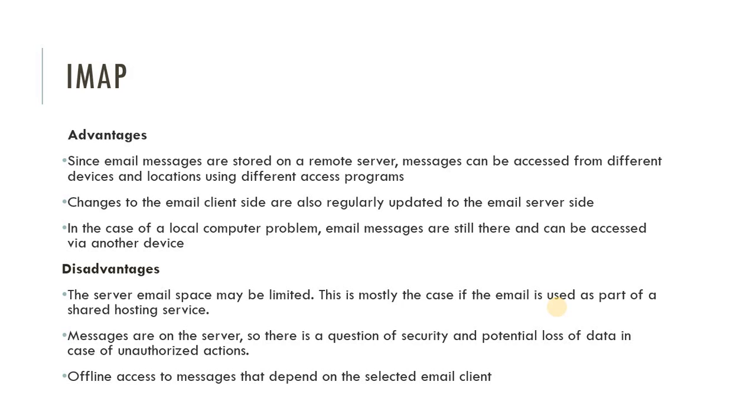So if a hard disk crash happens and all the data is lost, there is no need to worry. All that mail is still on the mail server, so I can go to those mails and download the documents again. So these are the advantages of the IMAP protocol.